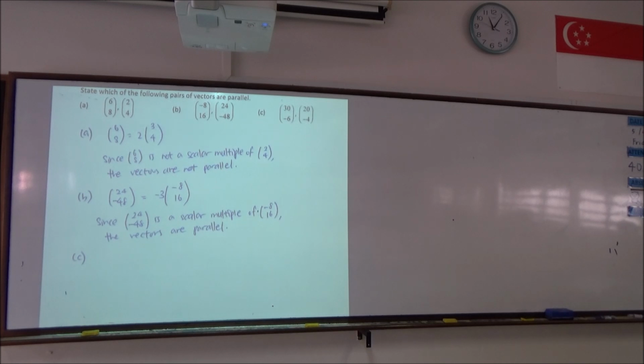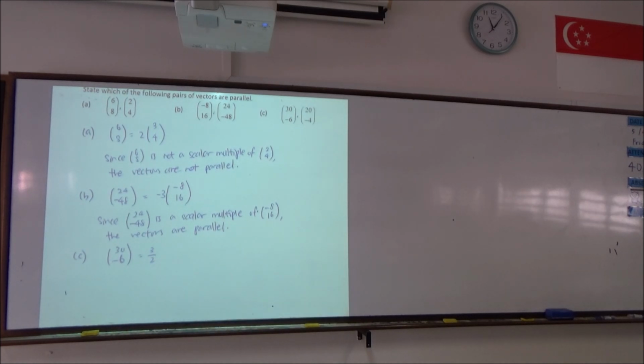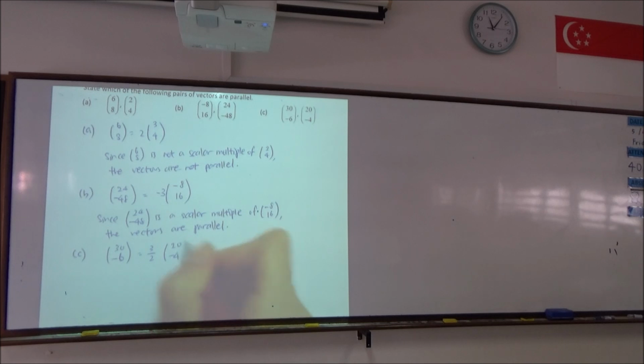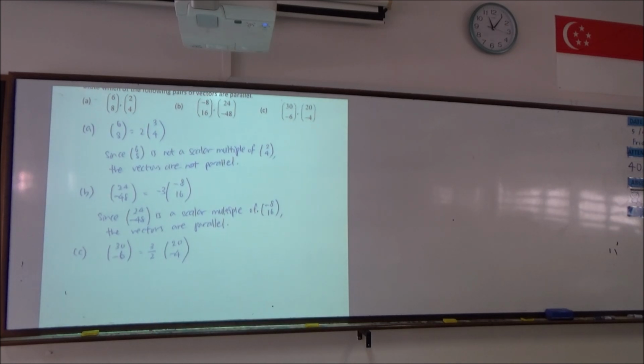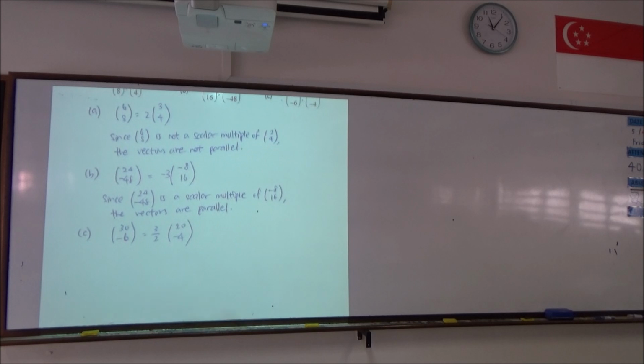Are they parallel? Yes. Then how do we determine the scalar multiple? What would it be? 1.5. So if I divide by 3 over 2, then we will be able to get 20 and negative 4. Same thing, same explanation.